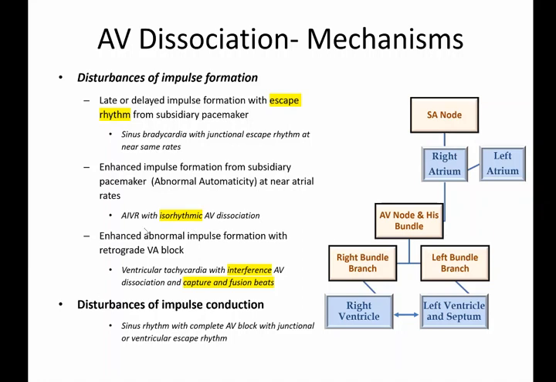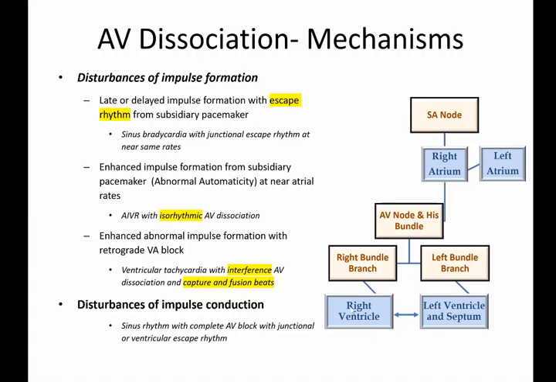The third example could be that there is enhanced abnormal impulse formation with retrograde block. Now, during AIVR, the subsidiary pacemakers were firing slightly faster than the SA node, but these were the normal subsidiary pacemakers. But there could be other areas which do not have pacemaking ability, for example, ventricular myocardium, which may beat very fast and this may not conduct back to the atria in the retrograde direction because of AV nodal refractoriness.